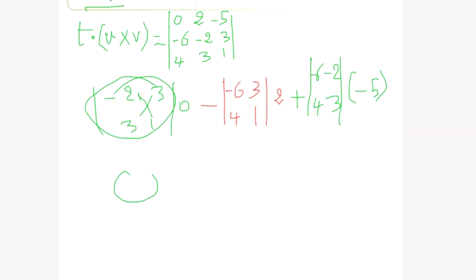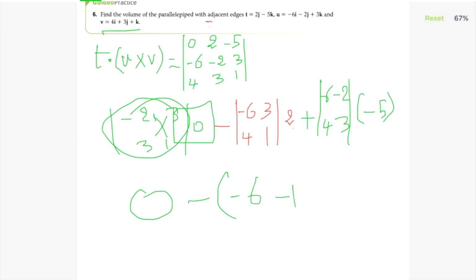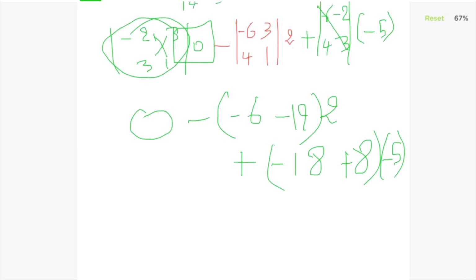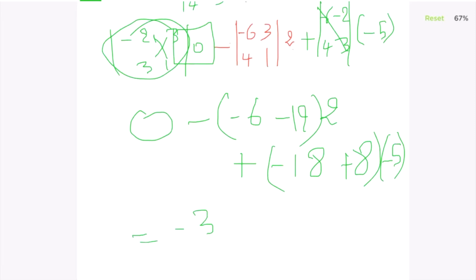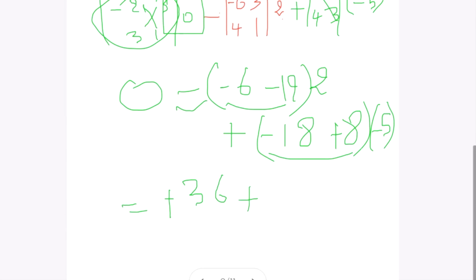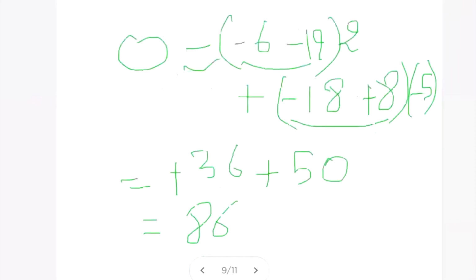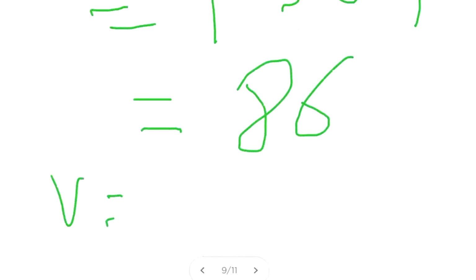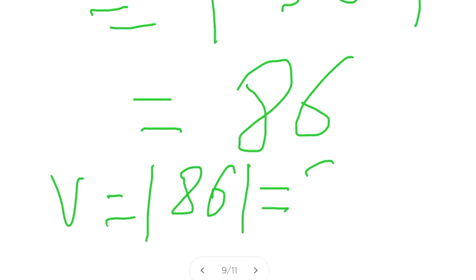All this is 0, yeah? So you put 0 because you multiply by 0. So you just say volume equals absolute value of 86. And because it is positive, let's put 86 unit cubed.